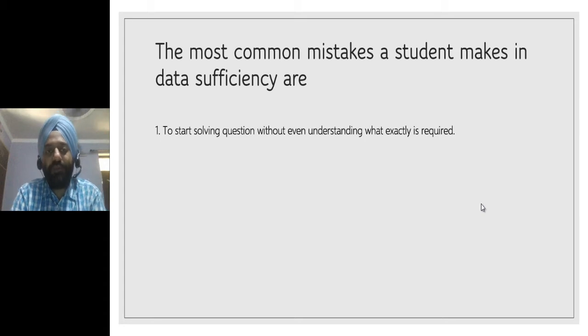Some students have wrong assumptions about the GMAT. So let's talk about GMAT quant. Normally they think they have to attempt all the questions and get all of them right to get a good score in quant. That's not true.